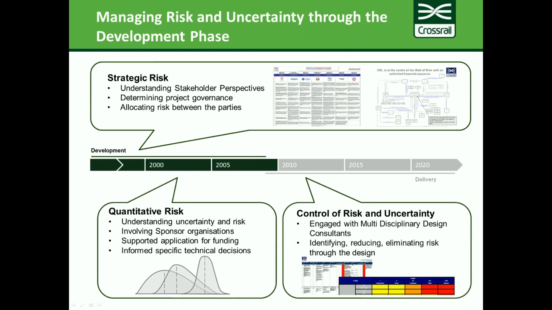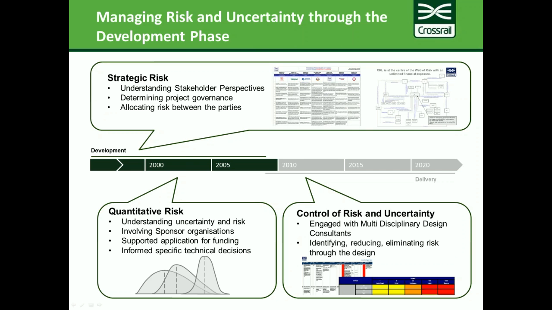I'm going to come to the bottom right section now, which is really the control of risk and uncertainty. This is the traditional risk management, but happening through the development phase. And Crossrail engaged a number of multidisciplinary design consultants.